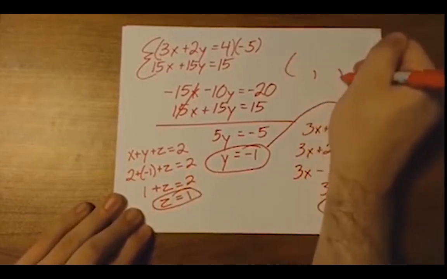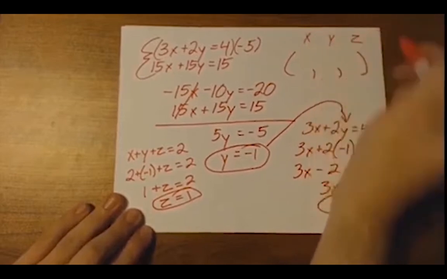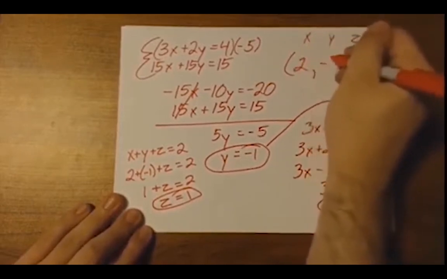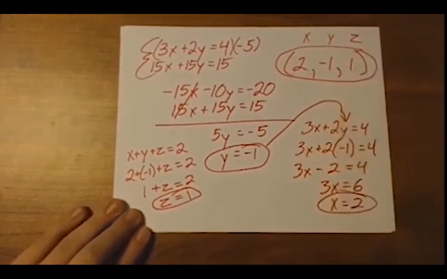So, instead of an ordered pair, we would call this an ordered triplet. X, y, and z, order matters. 2, -1, 1.